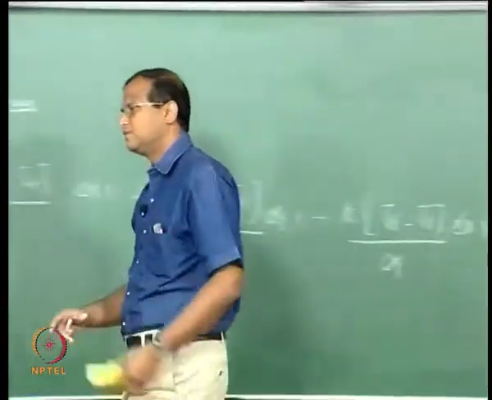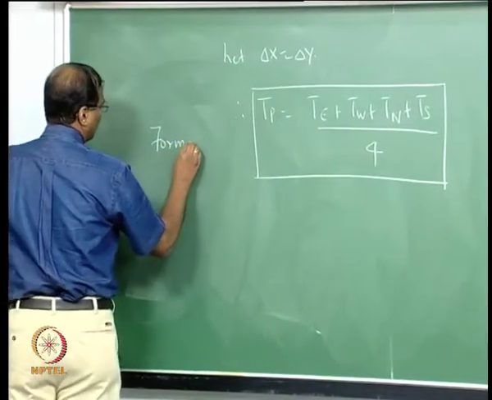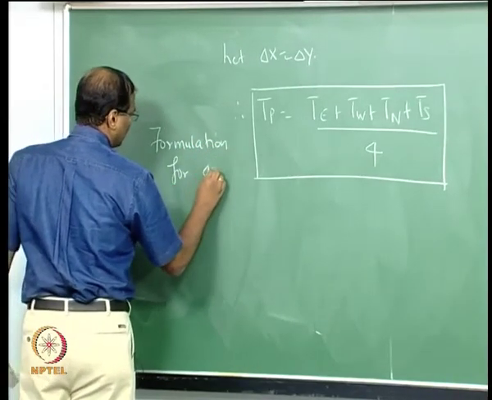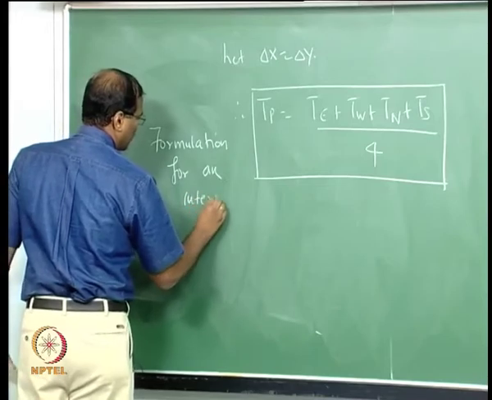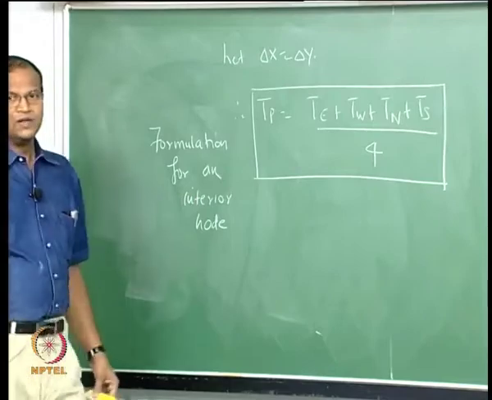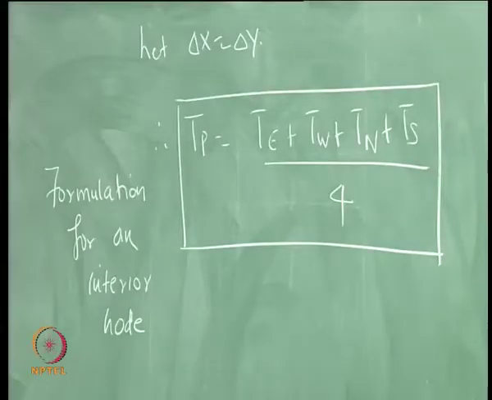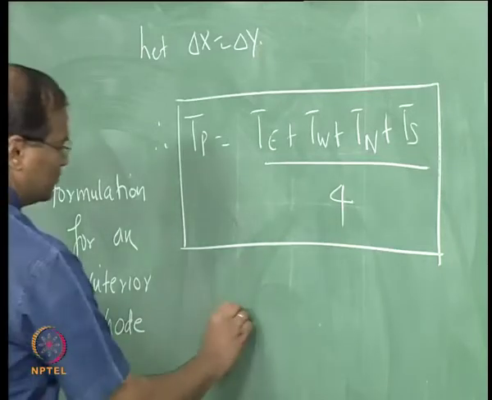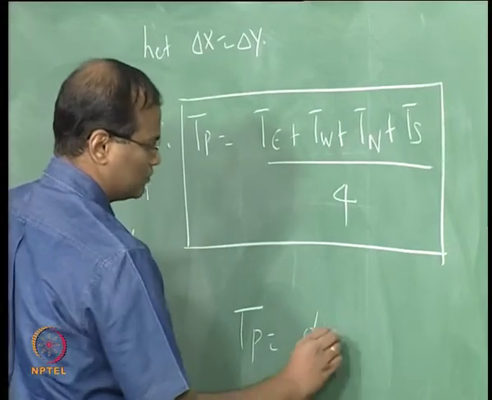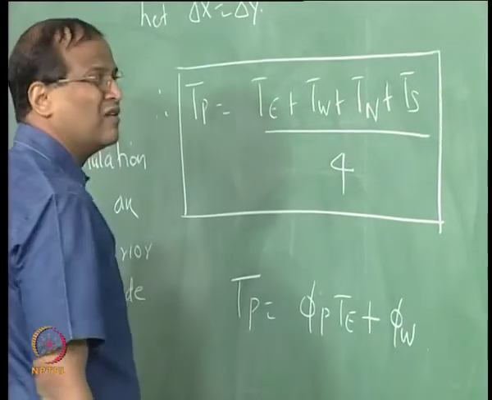So, this is east plus west plus north plus south by 4. If you have non-uniform grids, they call it 5.